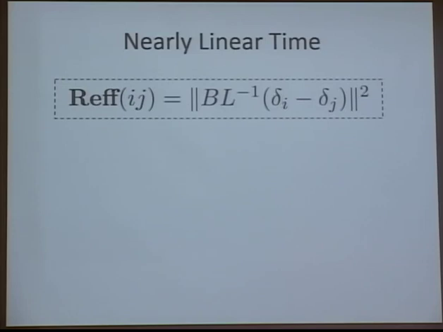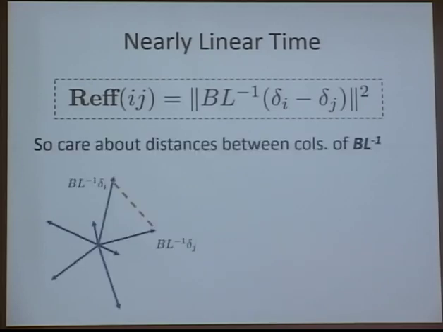That the effective resistance is a squared Euclidean distance, and we want these numbers quickly, right? There are some distances between vectors in m-dimensional space. We want them quickly. We don't want to solve m linear equations or something like that. So the point is we only care about distances, and when you only care about Euclidean distances, you should do Johnson-Lindenstrauss, right?